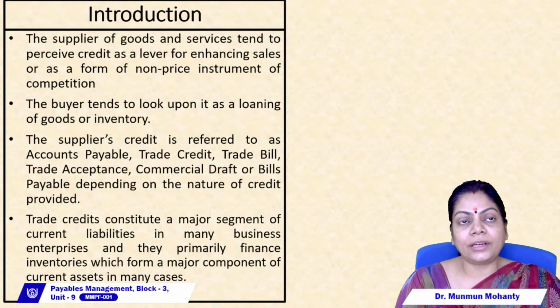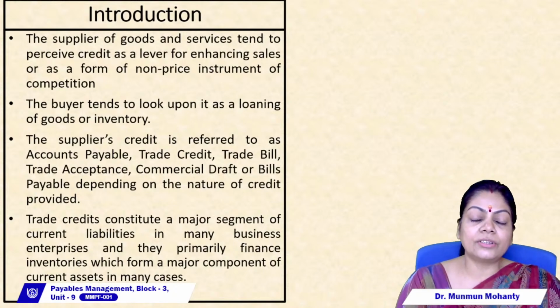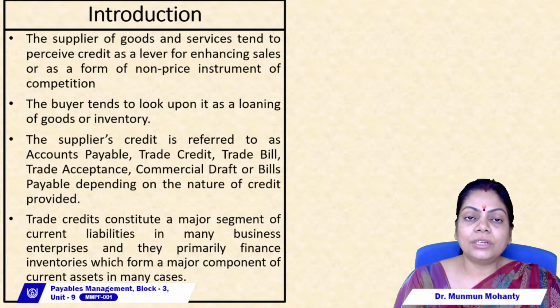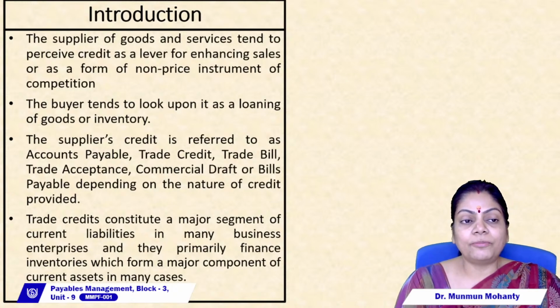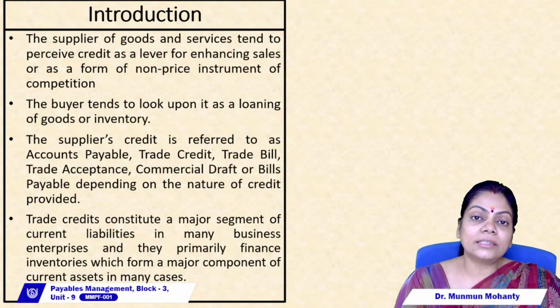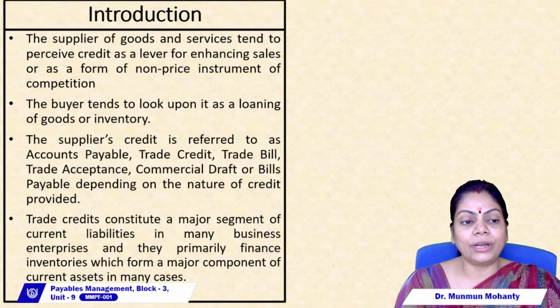Suppose, in a transaction there are two sides: the seller side and the buyer side. Now, for the seller of goods and services, the credit facility can act as something to promote his sales. Whereas from the buyer's perspective, he will look at this credit facility as a financing opportunity, like a loan for goods or inventory.